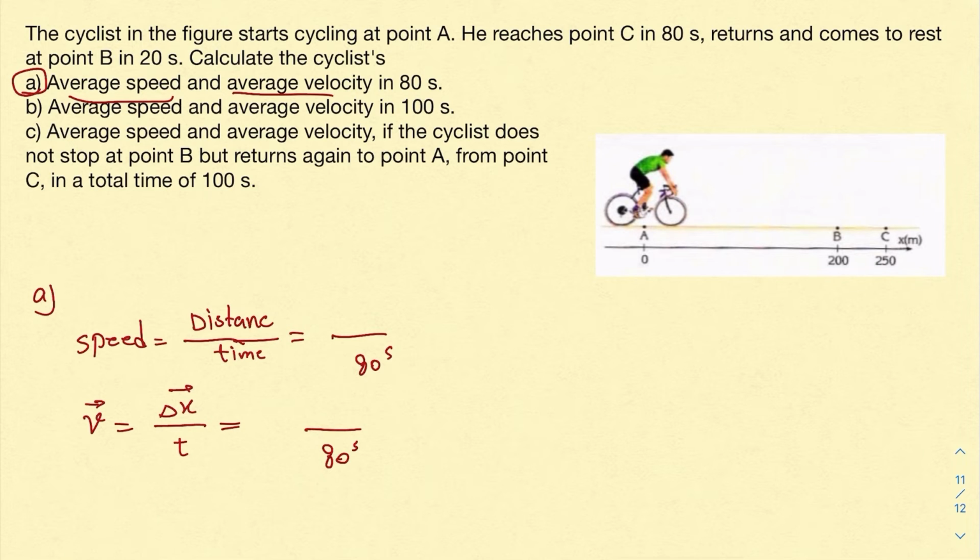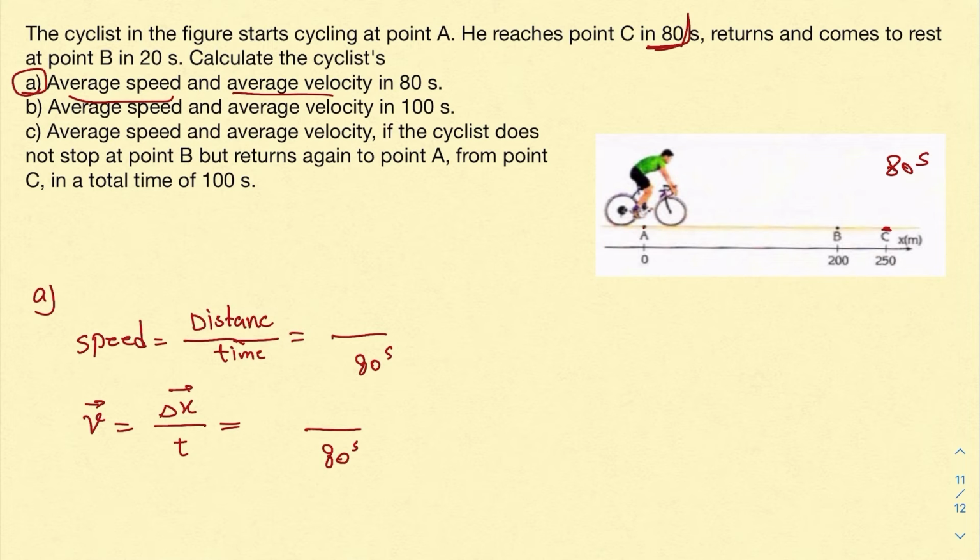If we read the problem again, in 80 seconds this cyclist comes to C. So from A to C, it takes 80 seconds.